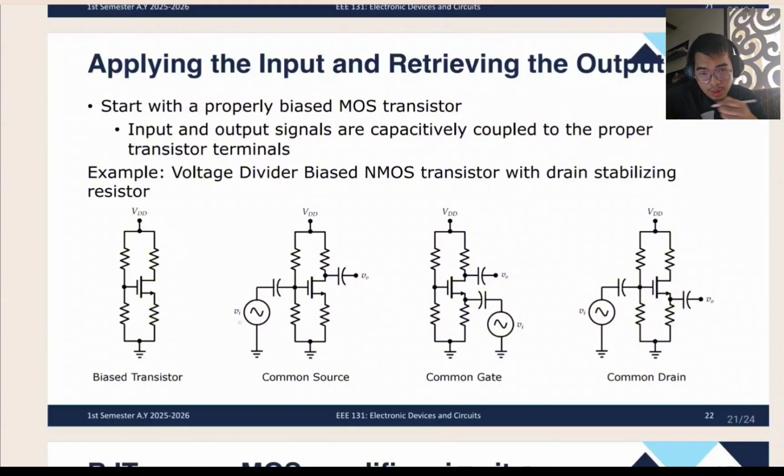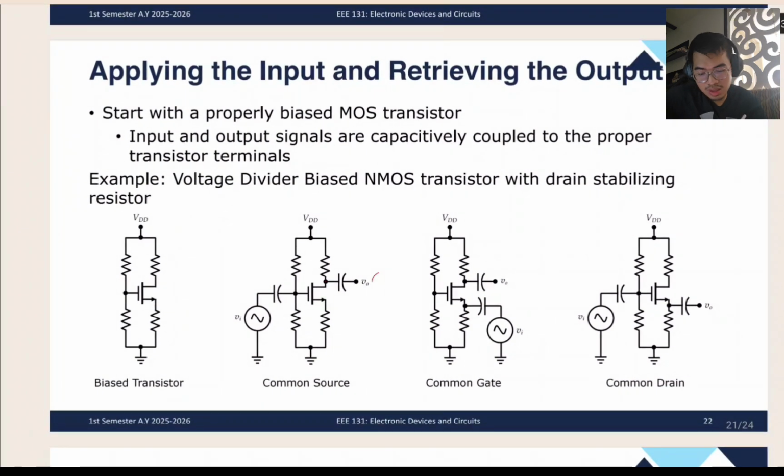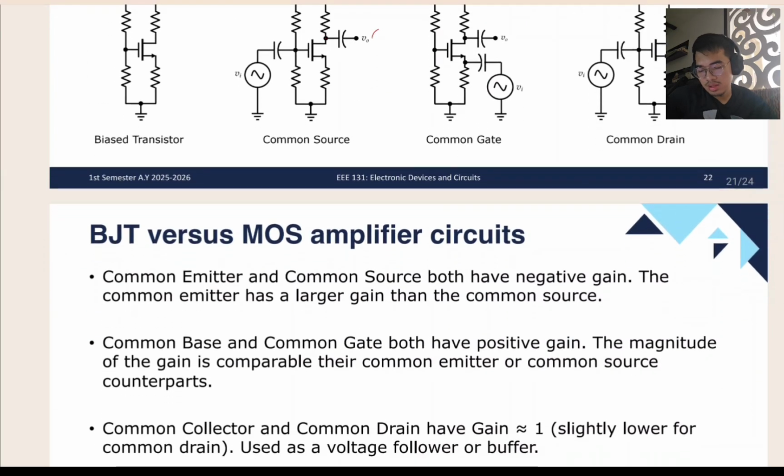Once we provide the proper bias, that's when we superimpose your input. And this is how you get your output as well, so that you isolate the DC part of your output, and you just get the time varying part. So that's how you apply and you take the output of your amplifier circuits.